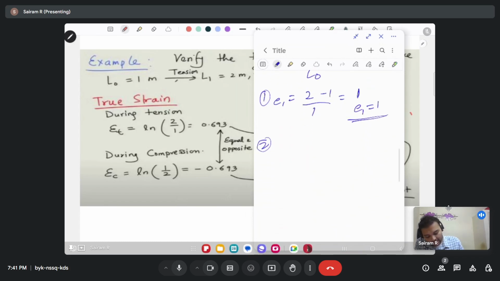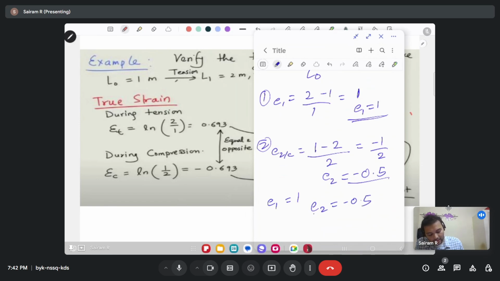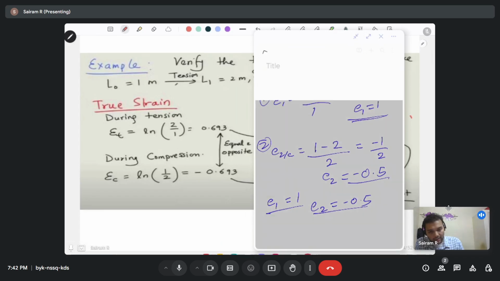In the second case, E2 or EC equals the final length 1 minus the initial length 2, and the initial length again here is 2. So here it is minus 1 by 2, which is minus 0.5. E1 is 1 and E2 is minus 0.5, right?